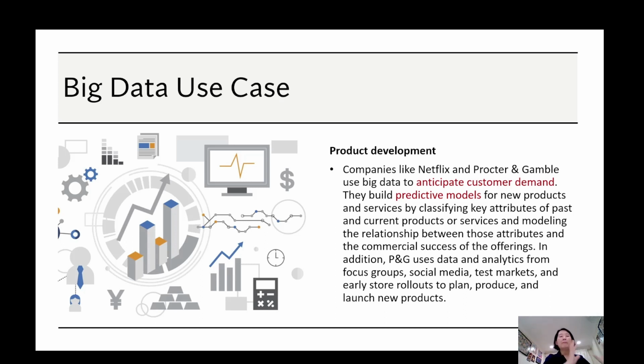Based on the historical transactional data they have collected, they can identify attributes closely related to customer demand, and with this they come up with predictive models to predict customer preference.